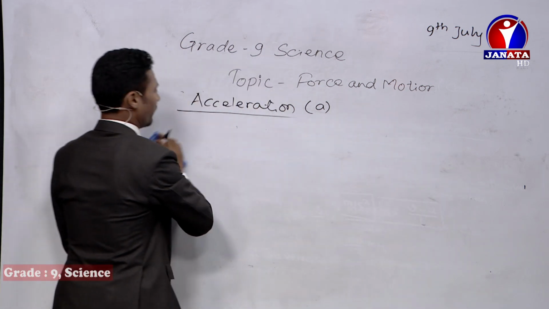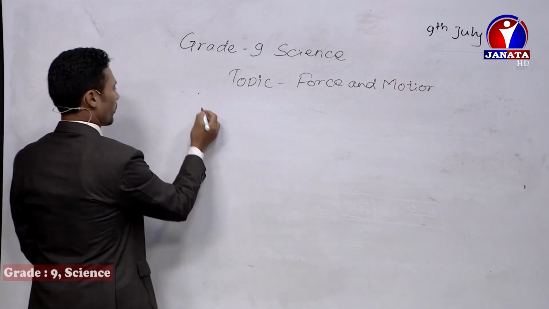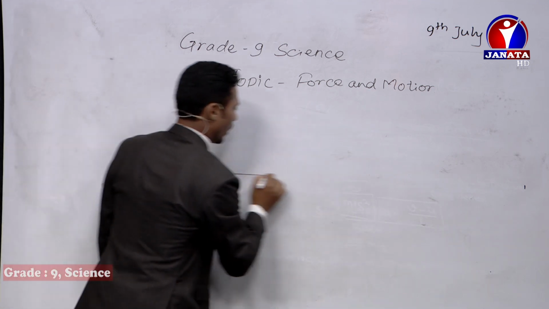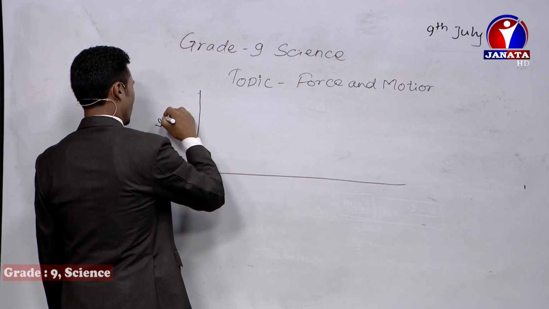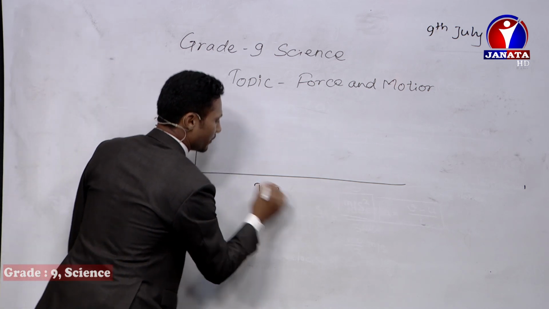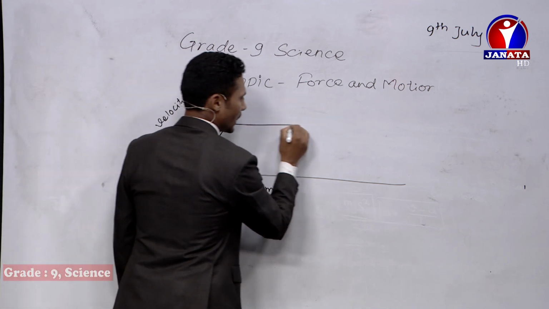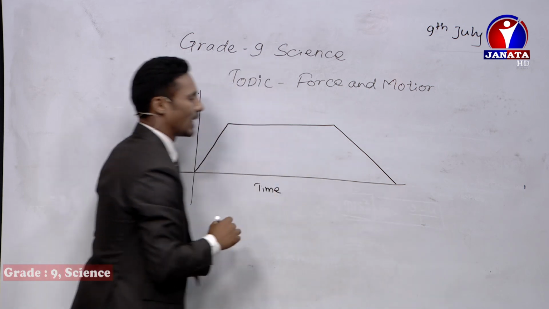Let me draw a graph to explain this acceleration. Suppose this is a velocity-time graph, where this axis is velocity and this one is time.